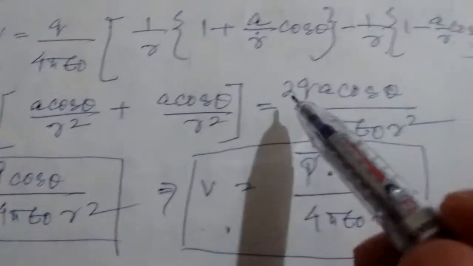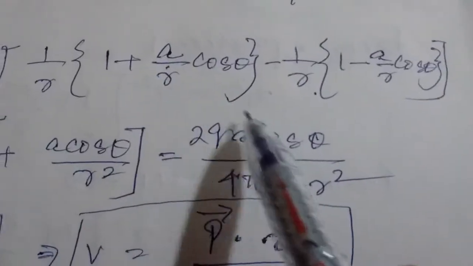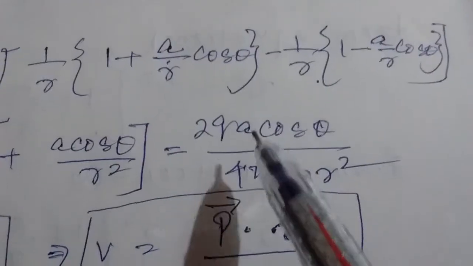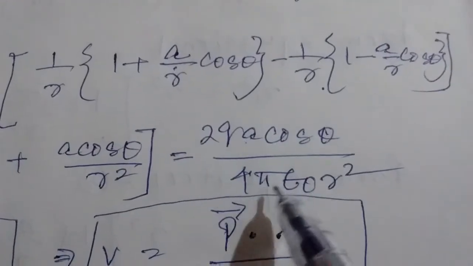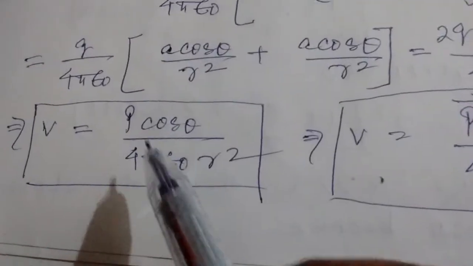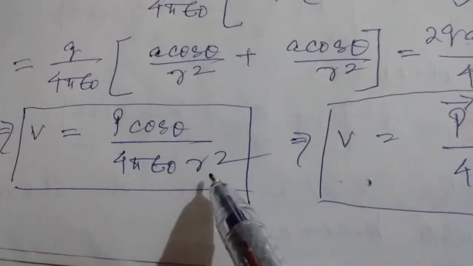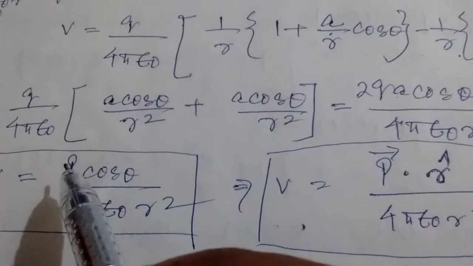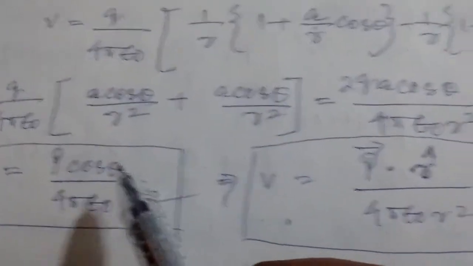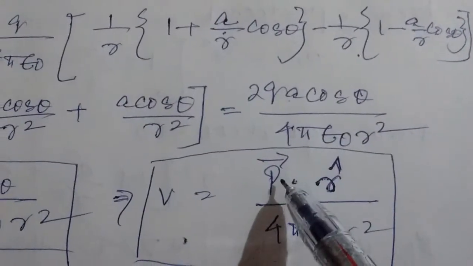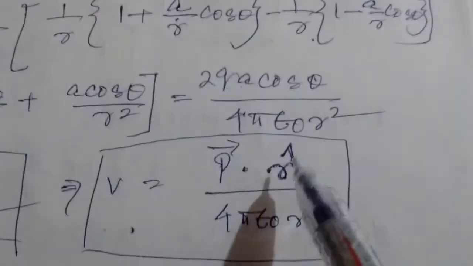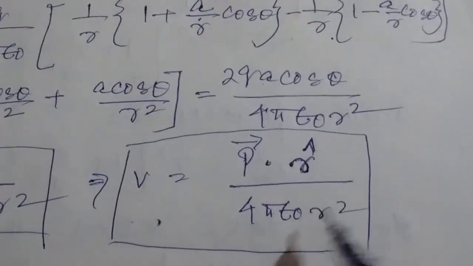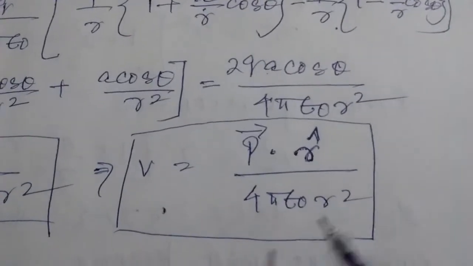We already know 2qa is nothing but magnitude of the dipole moment, that is p. So p cos theta by 4 pi epsilon naught r square. Here p cos theta I can simply write p into 1 into cos theta. 1 is nothing but magnitude of this r cap, p dot r cap by 4 pi epsilon naught r square.